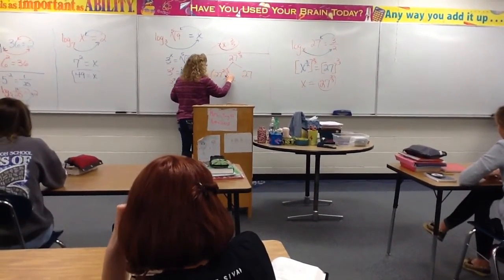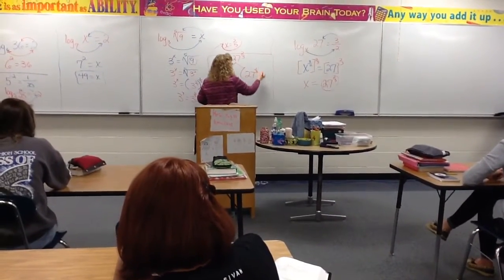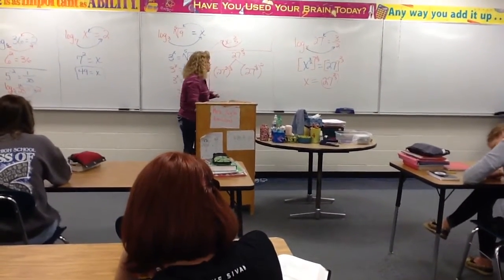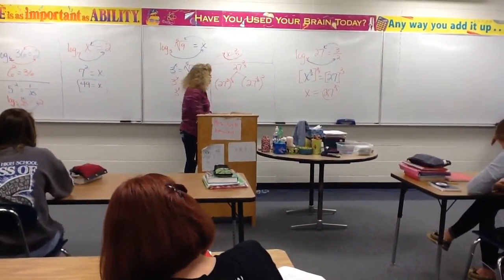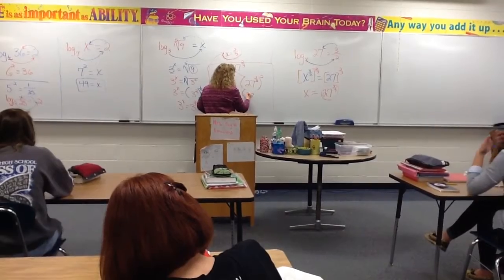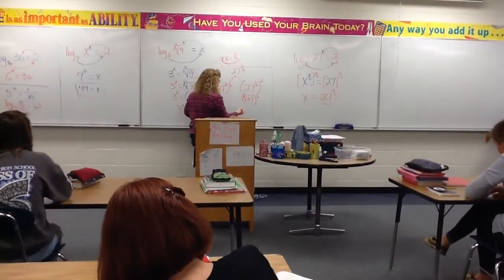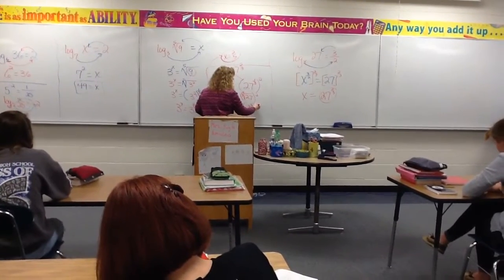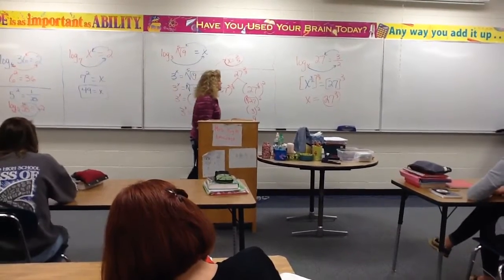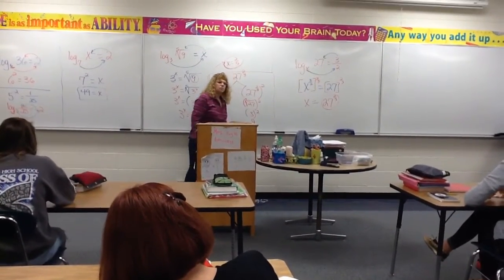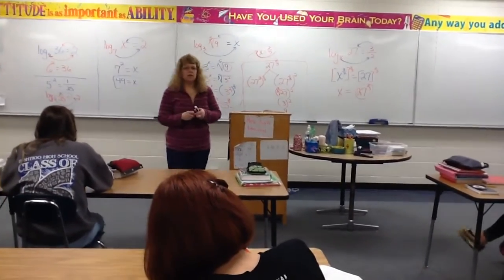You can do 27, raise it to the 1/3, and then square it. I think I prefer this way because 27 to the 1/3 is actually the cube root of 27. So it's the cube root of 27, then you're going to square it. What's the cube root of 27? 3. And then if you square it, x equals 9. That's all I have to say.